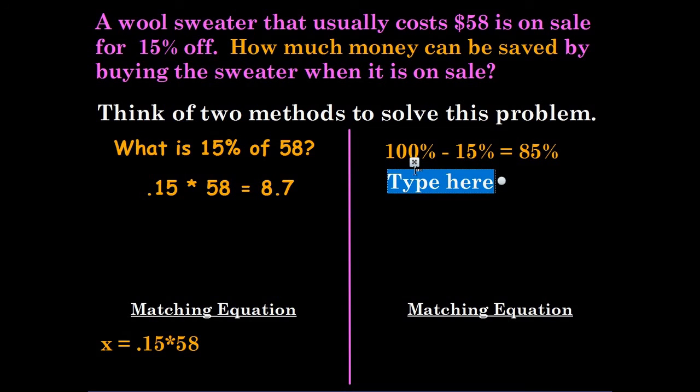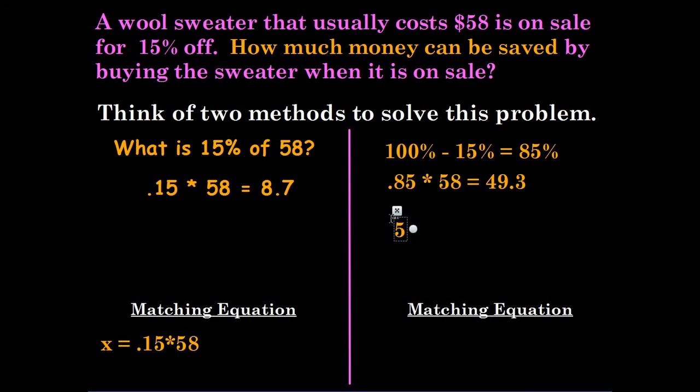So, some of you guys said, well, what is 85% of $58? And you went ahead and you solved that out to equaling 49 and 3/10.